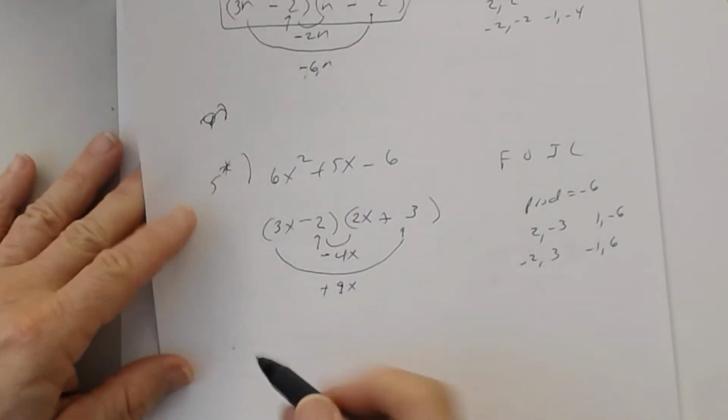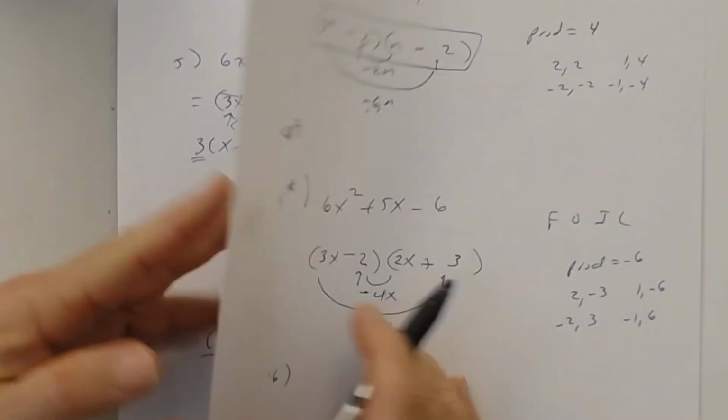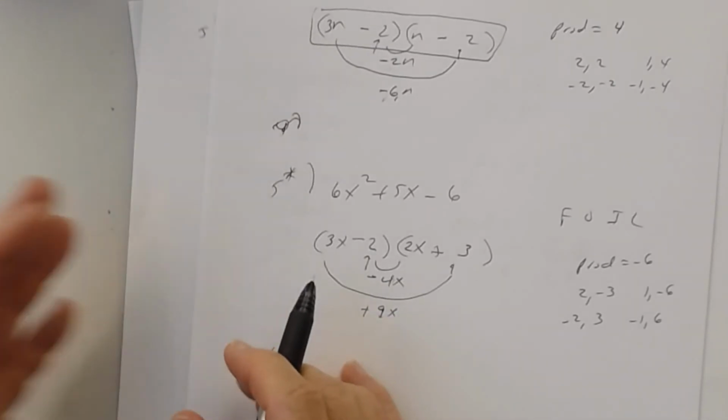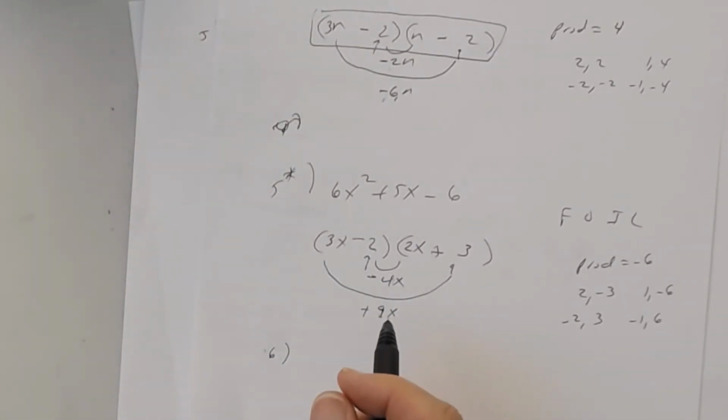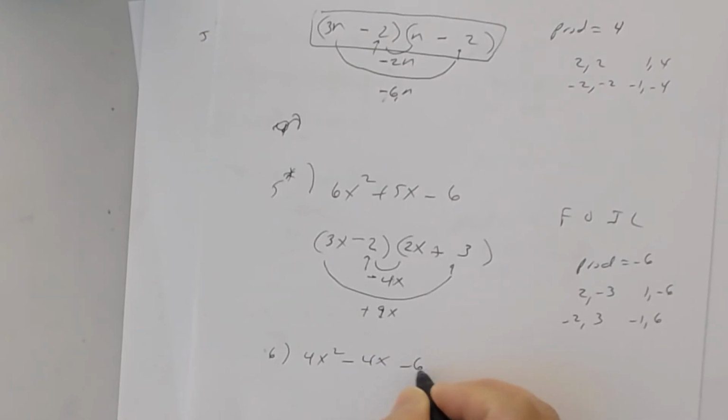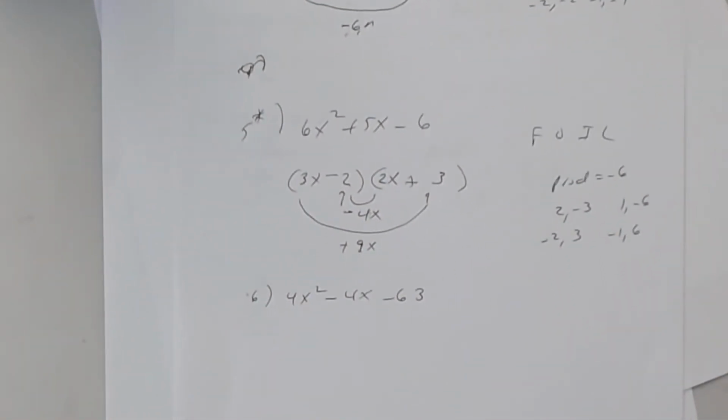All right. Let's look at number 6. So let's suppose this was our number 6. All right, 4x squared minus 4x minus 63.